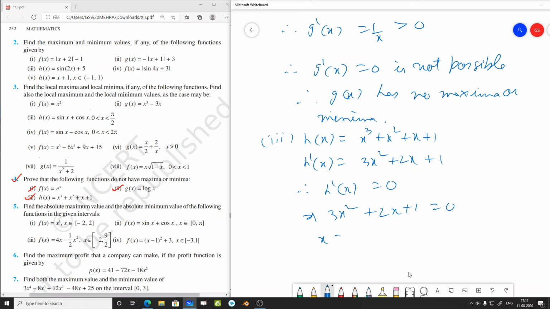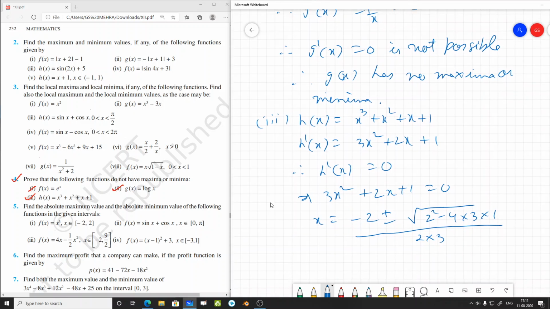Now using the quadratic formula, we get x equal to minus b plus minus root of b square, that is 2 square, minus 4ac, 4 into 3 into 1, over 2a, that is 2 into 3.